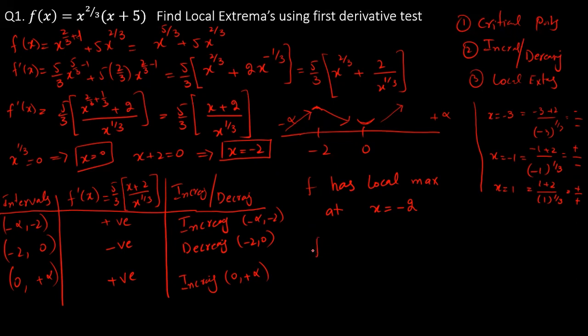So we can say that f has a local minimum at x equal to 0. And if you want to compute the exact point, you can put this x into this function, and this will give us the exact coordinates of the local maximum and local minimum. So this is it for question 1.